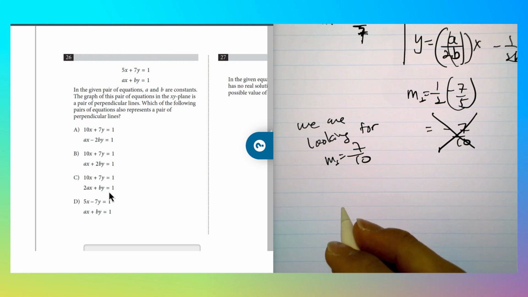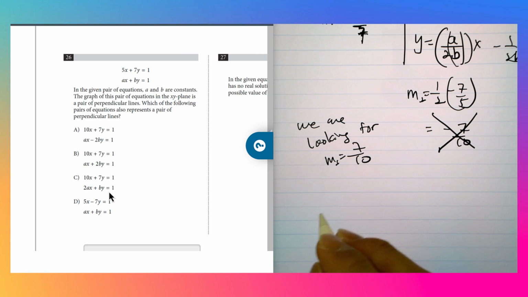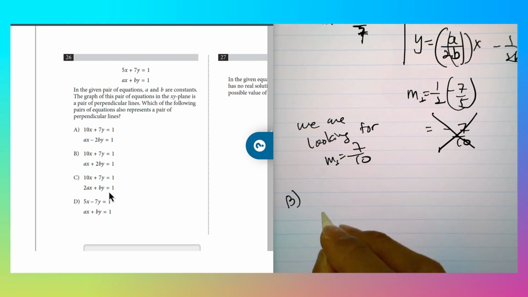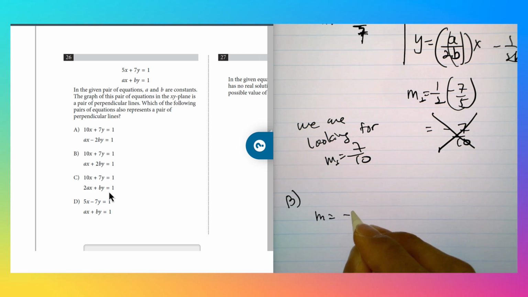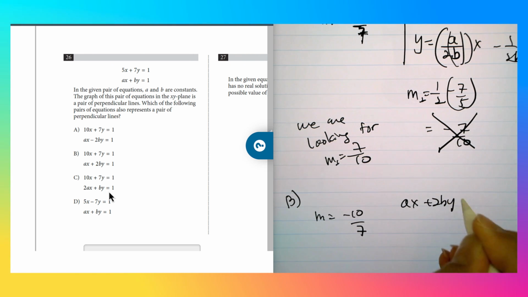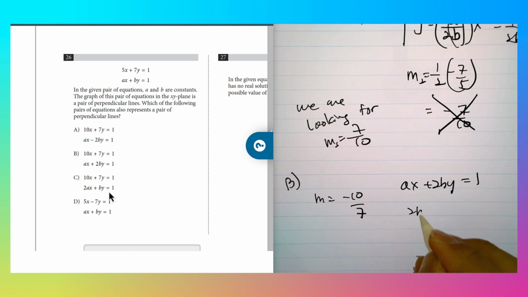How about the next one? Again, for choice B, the left column is not any different from choice A. So we just need to work on the second equation here. We have 2by is equal to 1 minus ax.